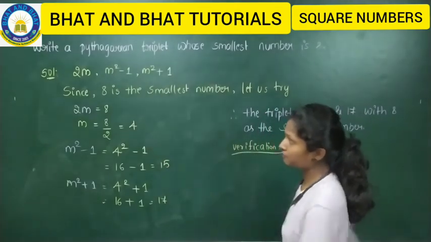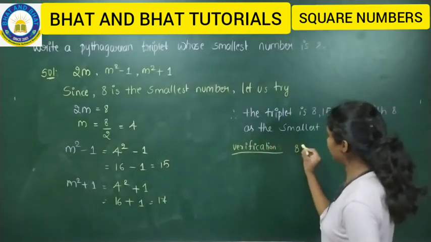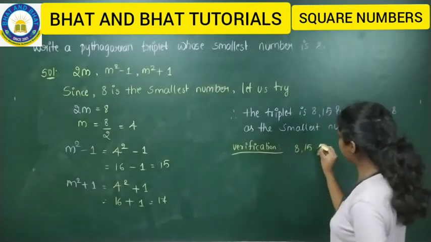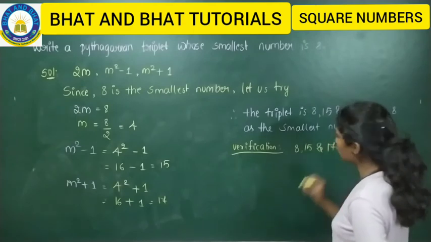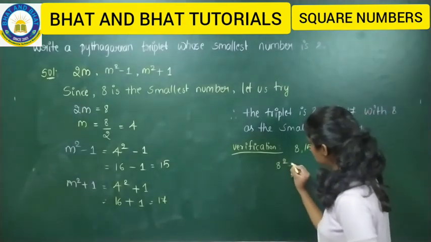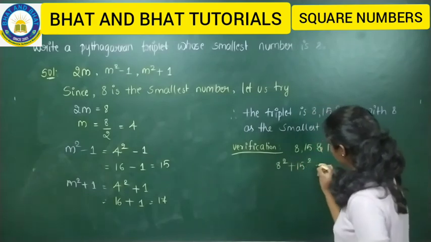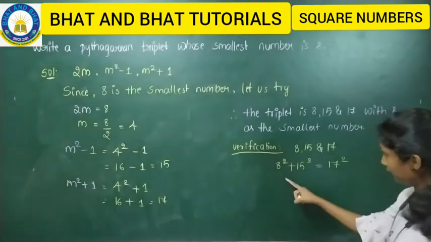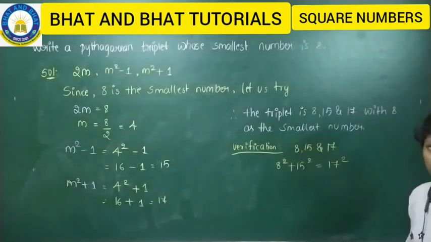There are three numbers, right? That is 8, 15 and 17. Since there are three numbers, take the squares. 8 square plus 15 square is equal to 17 square.